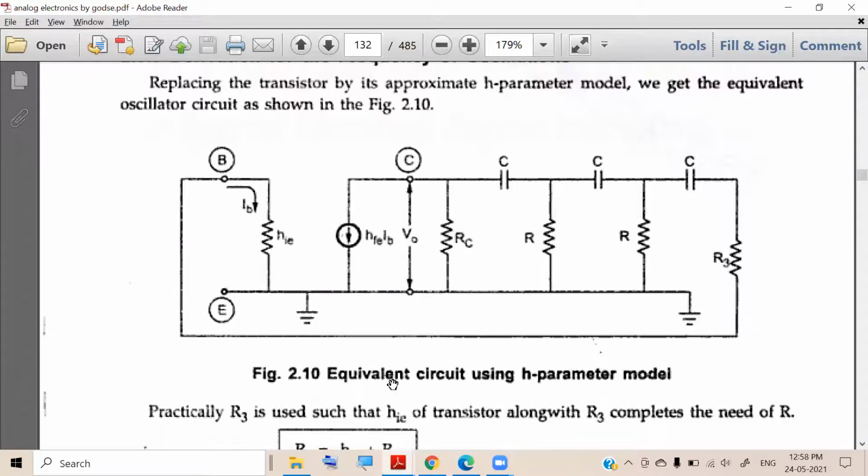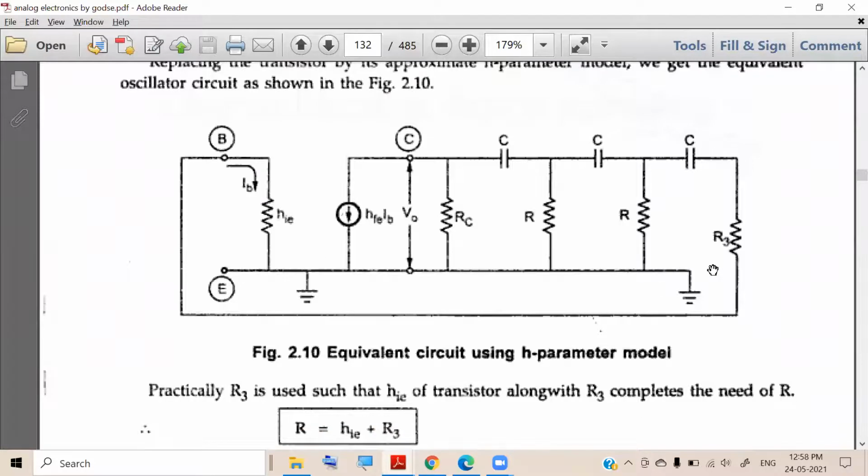Because of the feedback connection, this third resistance is connected at the input side, so the equivalent resistance here will be R3 plus HIE. The value of R3 should be chosen such that R3 plus HIE is equal to R.